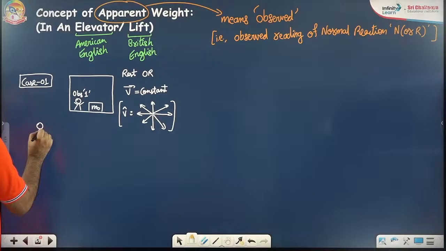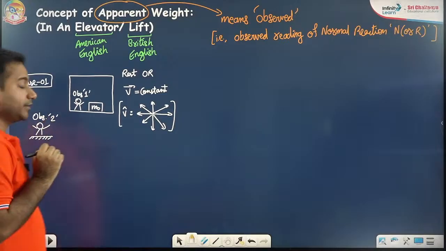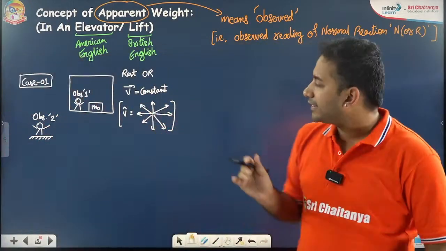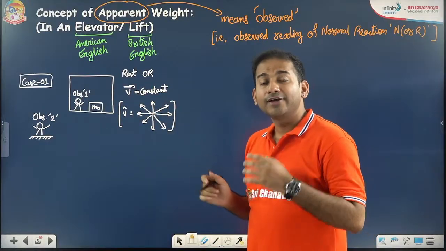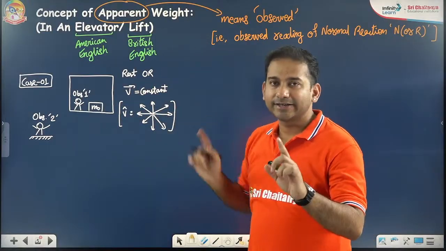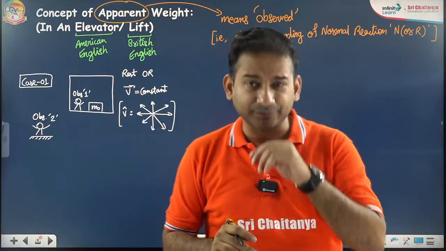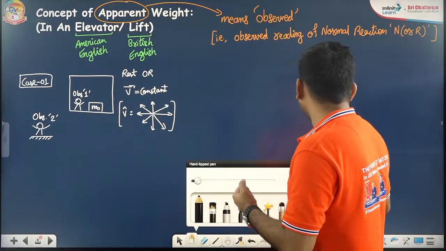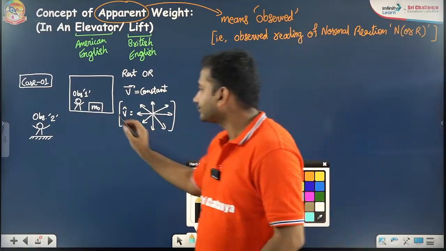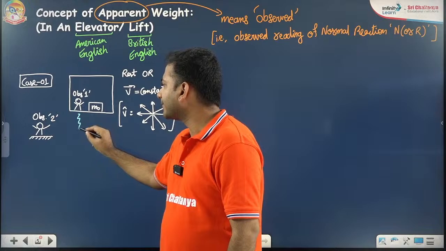And there is another observer, observer 2, on the ground. We will try to see, with respect to these two observers, what the observed weight is. Remember, the actual weight is still W equals mg. We want to talk about the observed weight here. So suppose I talk about observer 1.